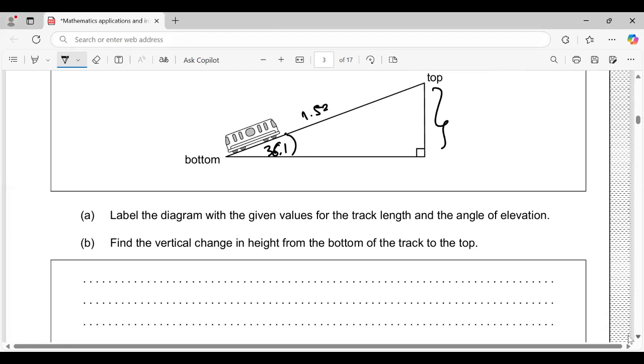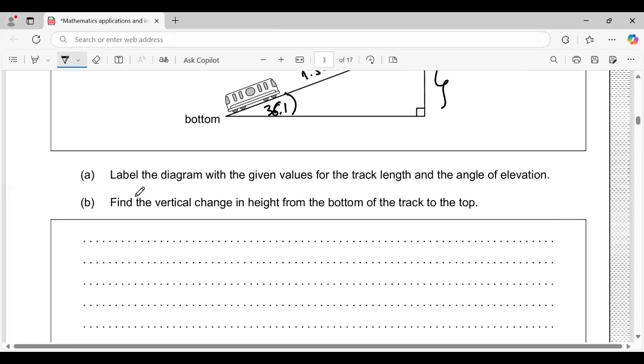So the vertical length we can calculate through sine 36.1 equals the vertical length divided by 1.52 kilometers.